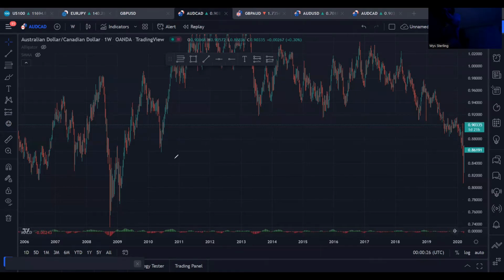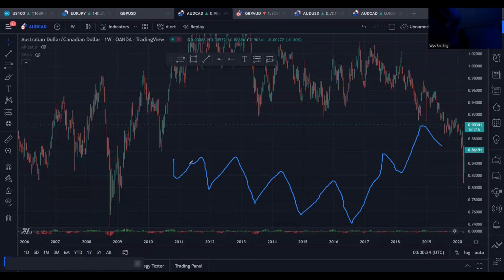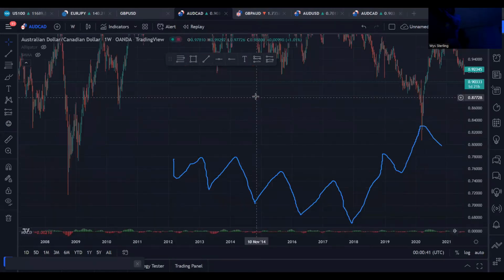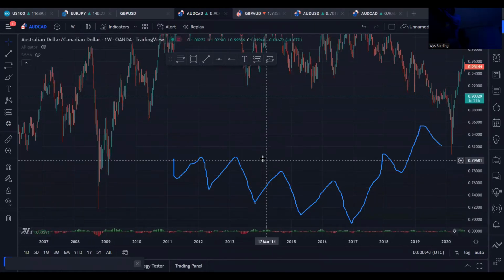So let's say the market is actually moving like this. This is the movement of the market. So this is what we need to do: we will spot where the decision was taking place.